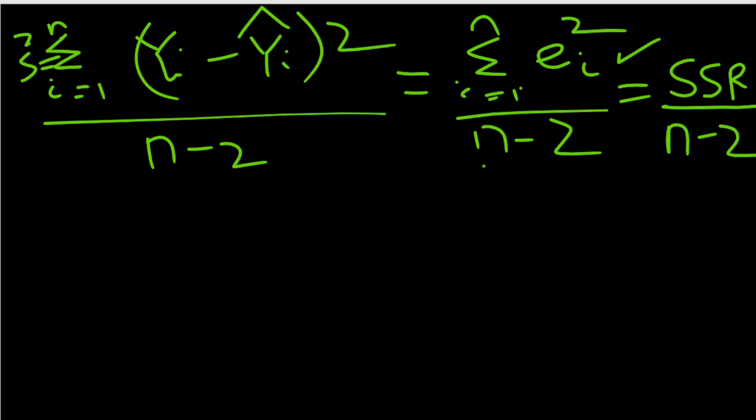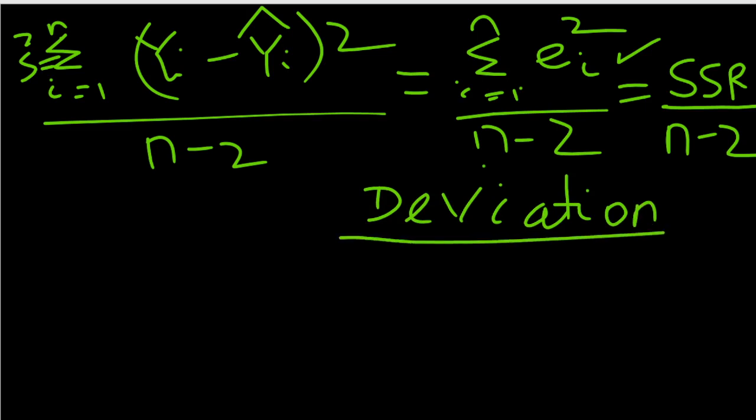Now we can also present this as a deviation: the numerator part is the deviation from the mean predicted value, and the denominator is the degrees of freedom.